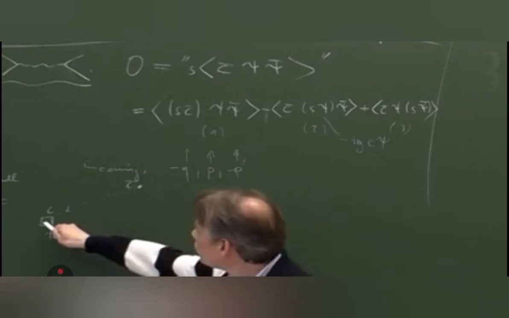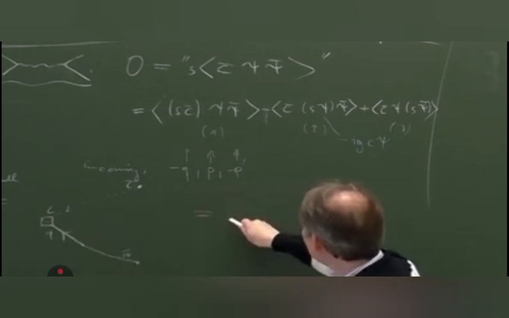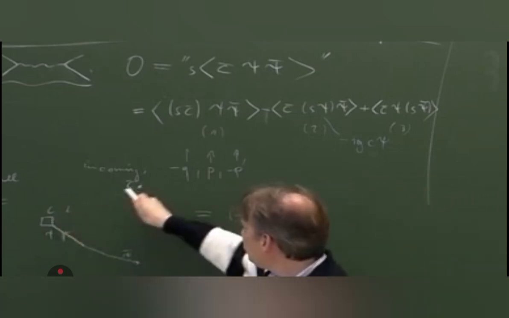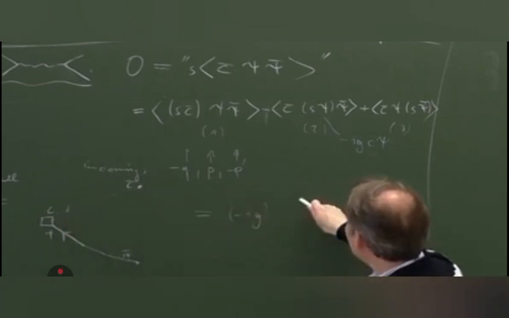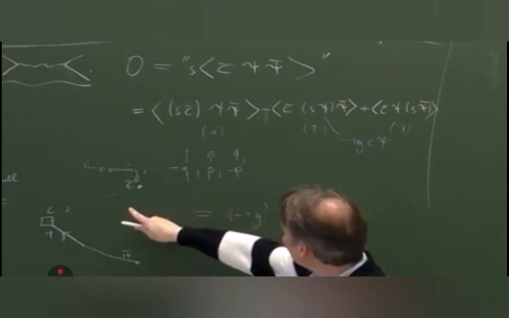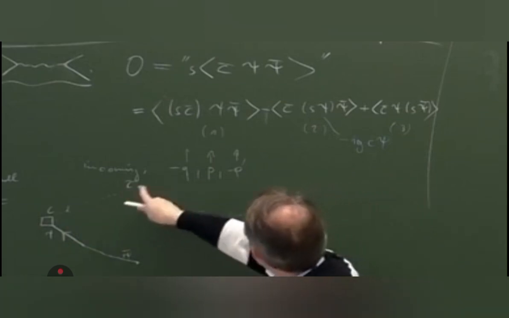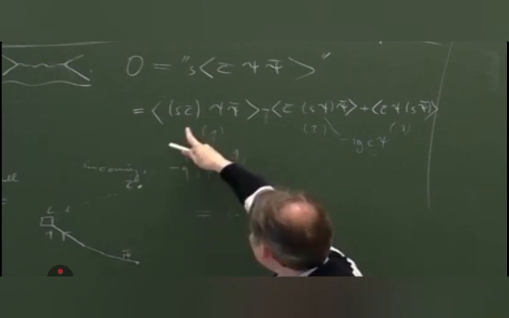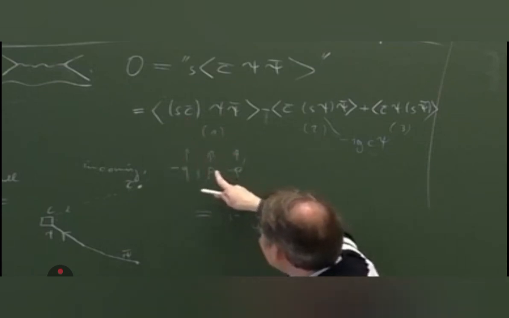What is the value of this Feynman diagram in momentum space? Let's first write down the value of the special vertex, minus I times G. And then in momentum space, we have here the rule for the ghost, which is I divided by the ghost momentum. What is the ghost momentum?